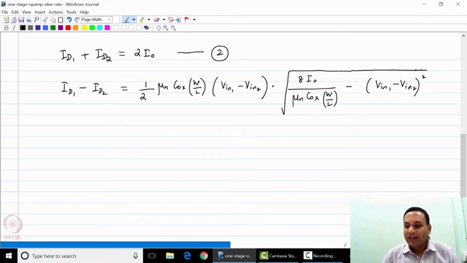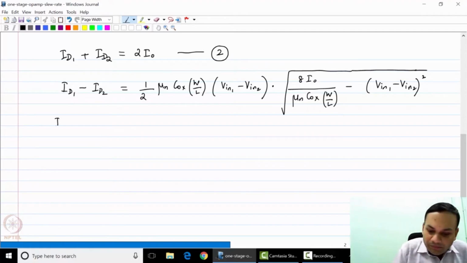Now what happens when V in 1 minus V in 2 is 0? If that happens, clearly ID1 should be equal to ID2, which means they are both equal to I0. So this equation is clear on that. Now if V in 1 minus V in 2 becomes large enough, it turns out that this equation is no longer valid, because in writing down these equations, we have assumed that both transistors are in saturation.